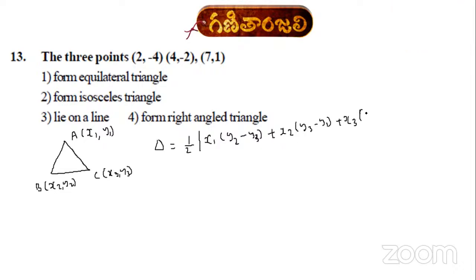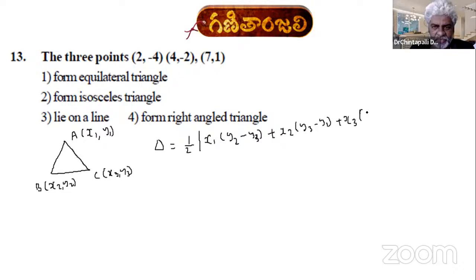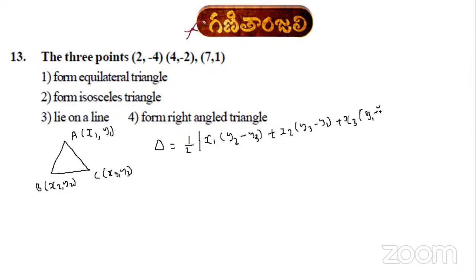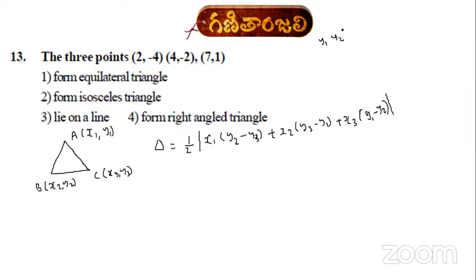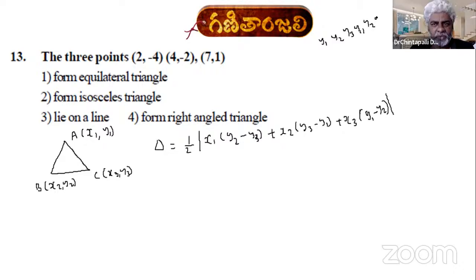It is a cycle. Again y1, y2, y3. After y1 it is y2, after y2 it is y3, after y3 it is y1.